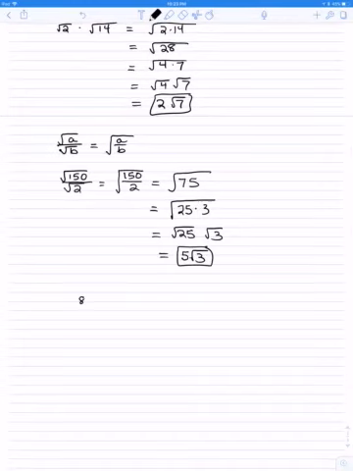And if we have something like this, 8 over the square root of 11. The square root of 11 is an irrational number. And we don't really like to leave irrational numbers in the denominator. So what we want to do is do something to it to make that irrational number rational. Well, what we can do is multiply it by another square root of 11.